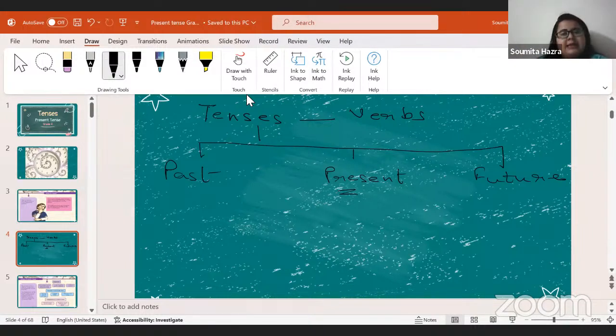But apart from that, if someone has a habit of doing something every day, like I brush my teeth every day, someone runs every morning, or I go to school every day. Anything that happens every day or that takes place according to a particular routine, in such case also you will be using present tense. What is the structure of present tense and all those things I will discuss when I do the questions.